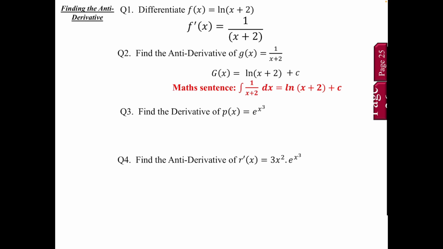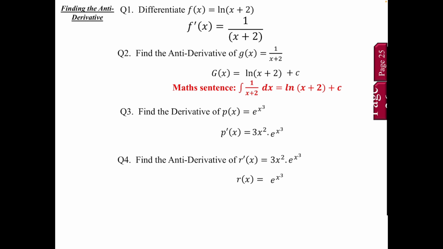Let's try another one. Find the derivative of e to the power of x to the power of 3. Our derivative becomes 3x squared plus e to the power of x to the power of 3. We now want to find the antiderivative. Here we're working backwards. We are given the derivative and we are undoing this process to find the function.